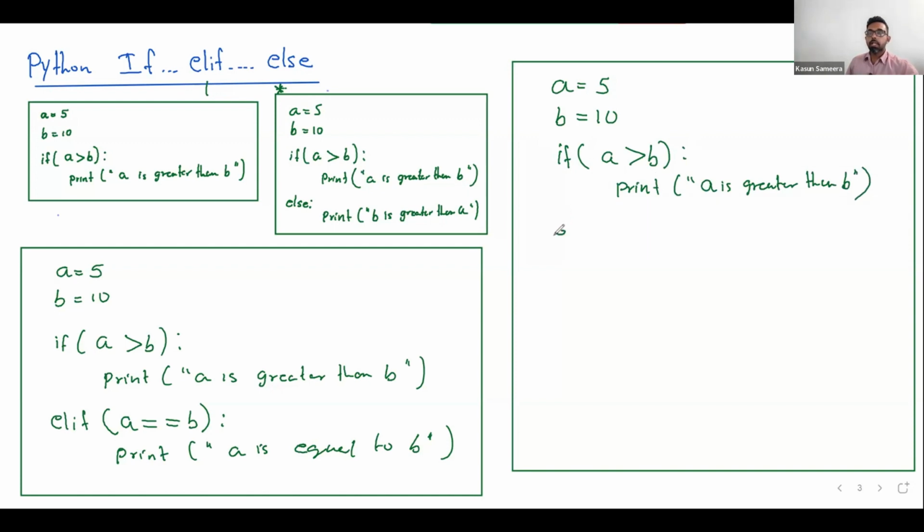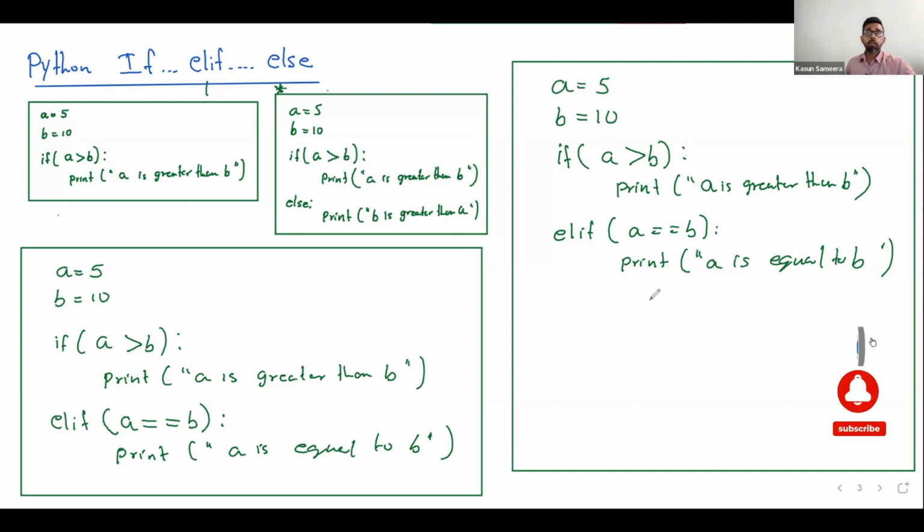Then I'm going to check elif A equal B. If it is yes, then print "A is equal to B." This is still the previous program, every step is the same. Right, here I check two conditions.